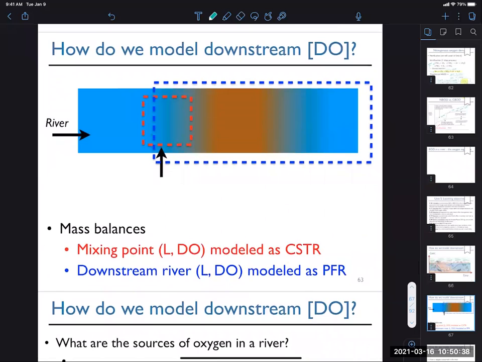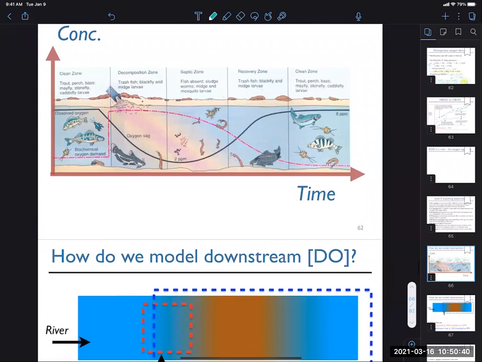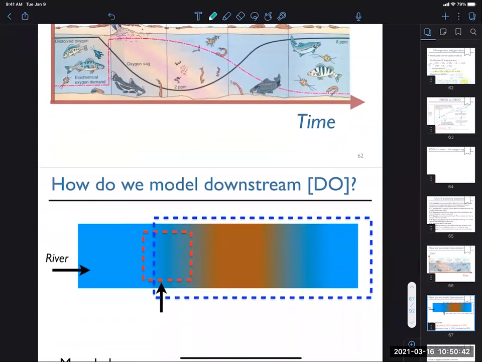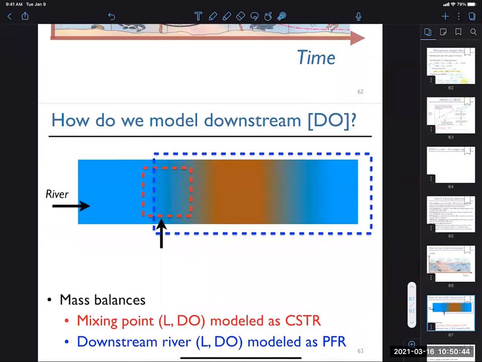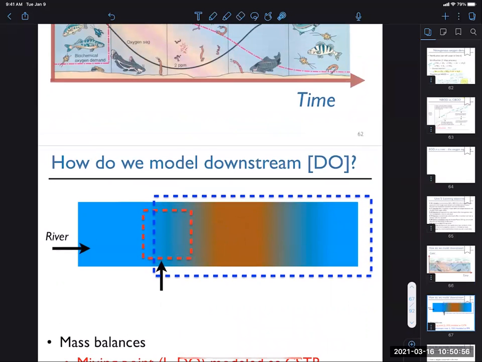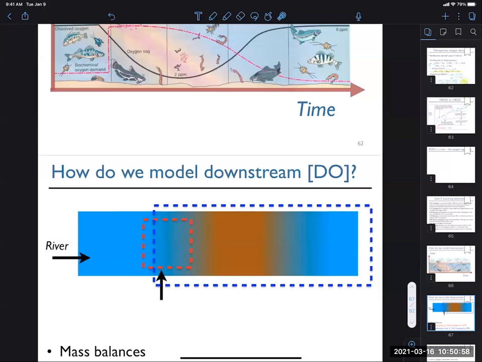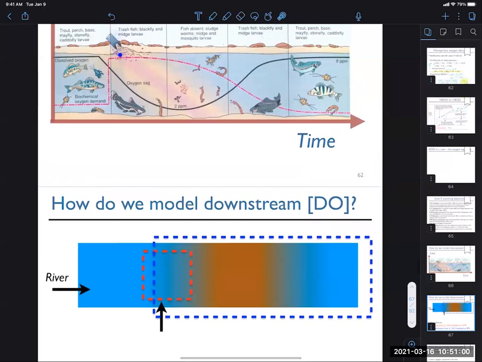So I'm going to take this picture and sort of condense it down into a simple figure. In this figure, the blue water represents our clean, high dissolved oxygenated water. Here, this darker yellow brown color represents the waste that is getting into the water.